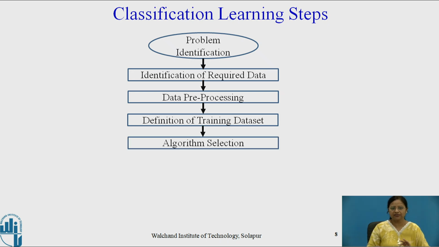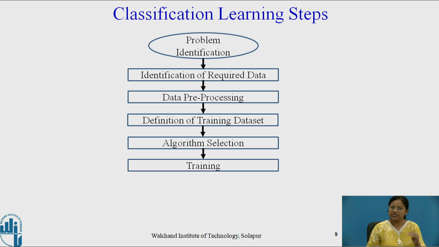Once you have selected the training data set, the most crucial task is algorithm selection. While selecting the algorithm, you need to identify some parameters related to that algorithm. Once the algorithm is selected, you have to apply that algorithm on the training data set which you have chosen in step number 4.